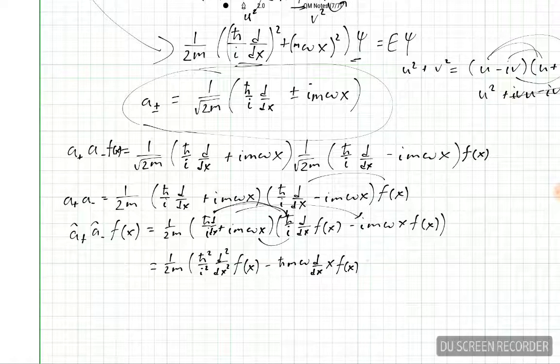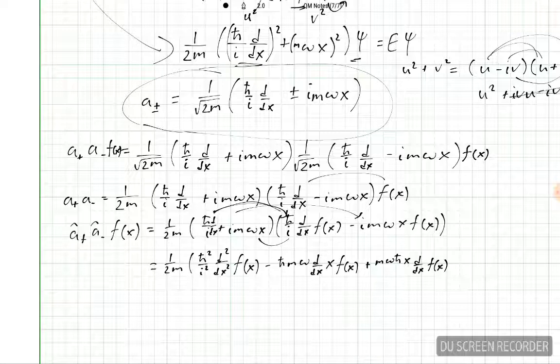Now we do our insides. Again, my i's are going to cancel out, but now I have m omega h bar x, and then the derivative of f of x.